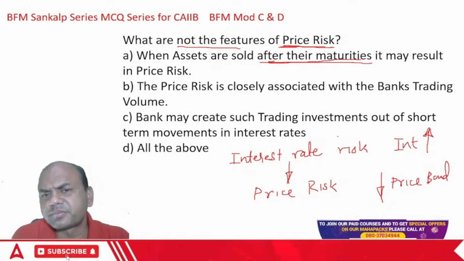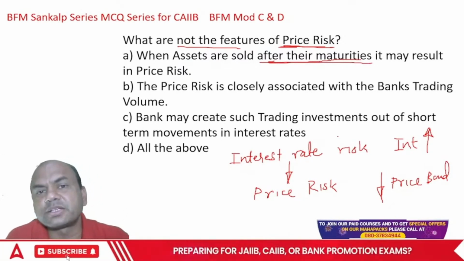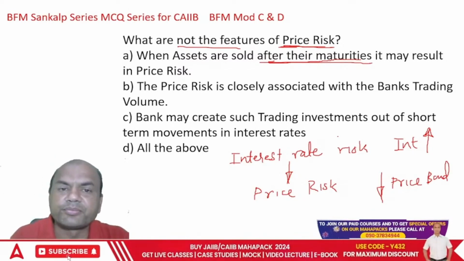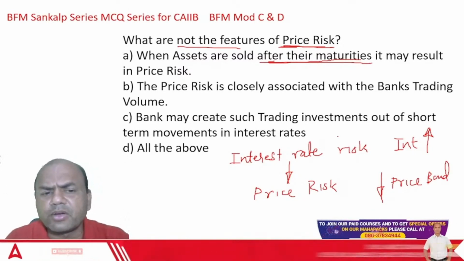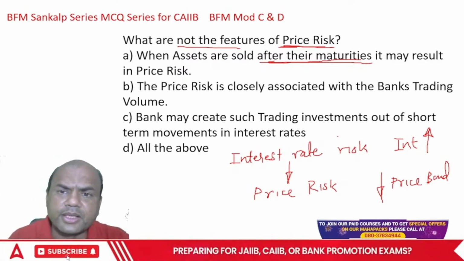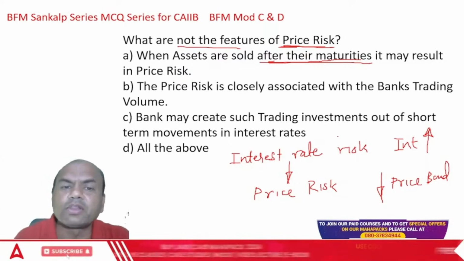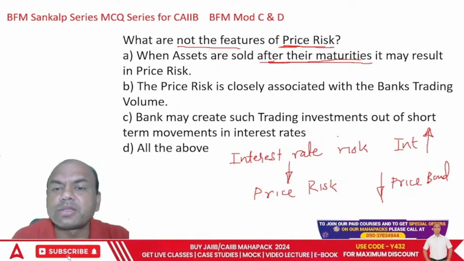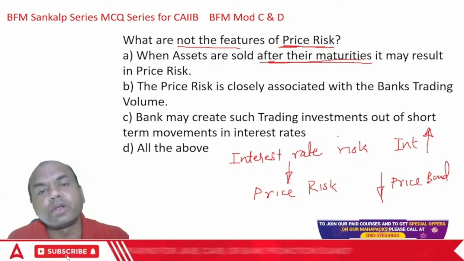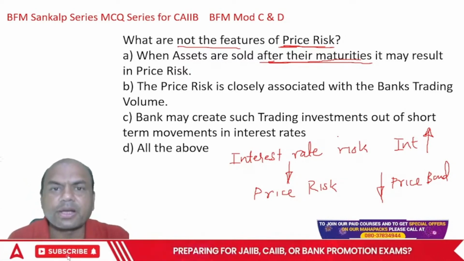Is it so? When assets are being sold after their maturities, I'm holding those maturities with me. So it may result in price risk, means the price may go up or down. Is it so? It will never, because after the maturity, whatever is the final amount, I've got it over there. Now, when do I take it? That's a separate aspect altogether.